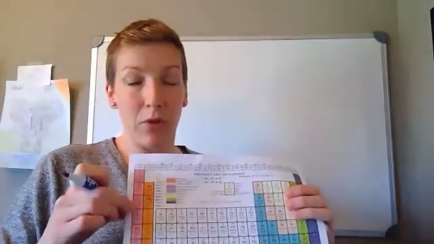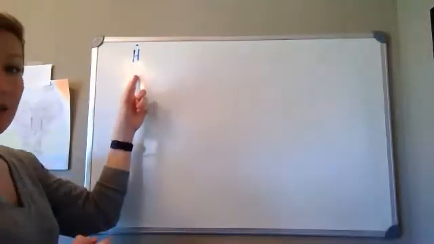So hydrogen is 1s1, lithium is 2s1, sodium is 3s1. So the highest number is the s block, and there's 1 electron in there. So everybody under hydrogen is going to look exactly like this with 1 dot.